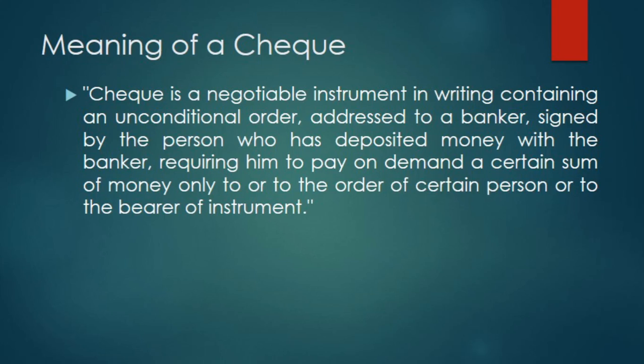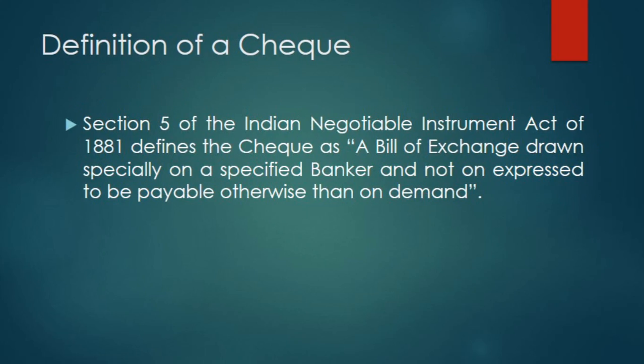A check is a negotiable instrument containing an unconditional order to the bank for payment of money from a drawer's bank account to the person to whom it is issued, or to the order of the specified person or to the bearer.